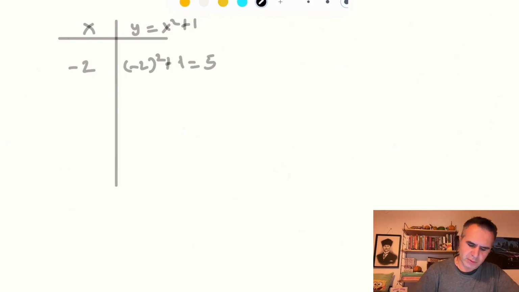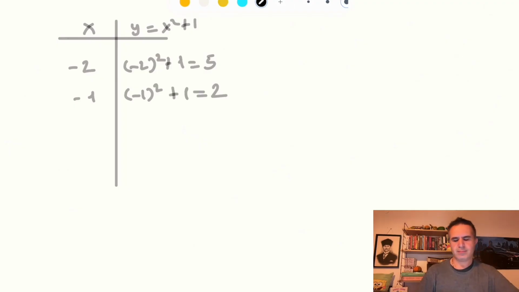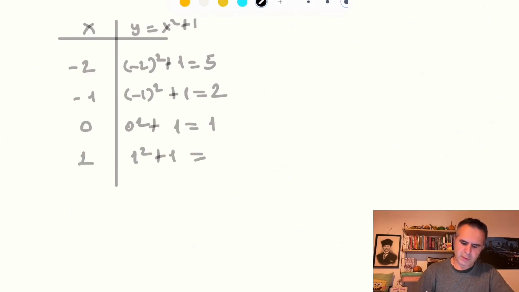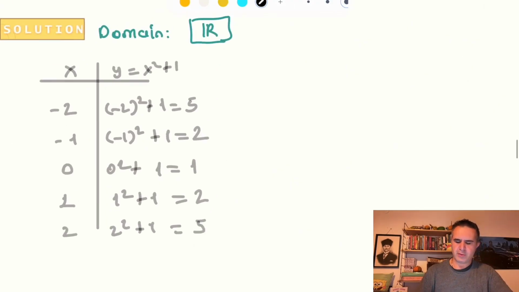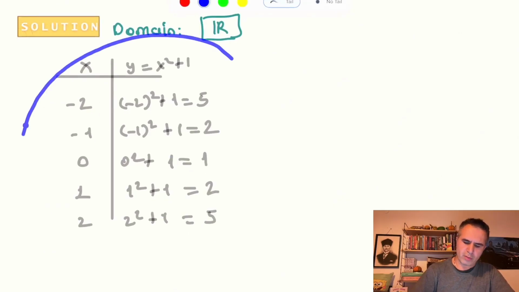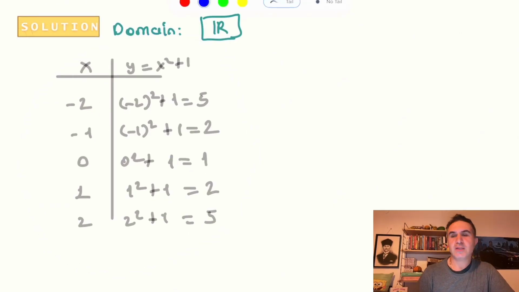For x equals minus 1, y equals minus 1 squared plus 1 equals 2. For x equals 0, 0 squared plus 1 equals 1. For x equals 1, 1 squared plus 1 equals 2. And for x equals 2, 2 squared plus 1 equals 5. So, those are some of the values of the function.